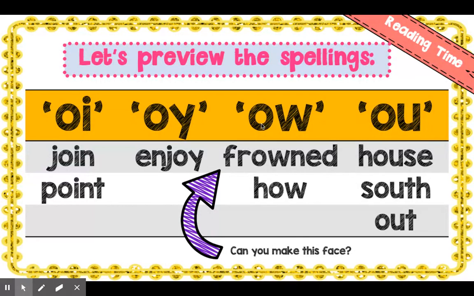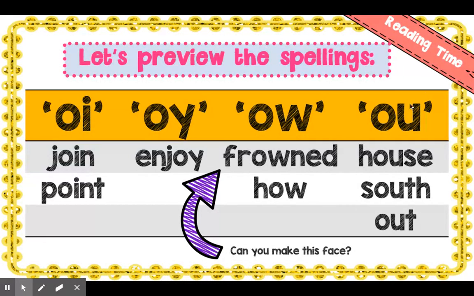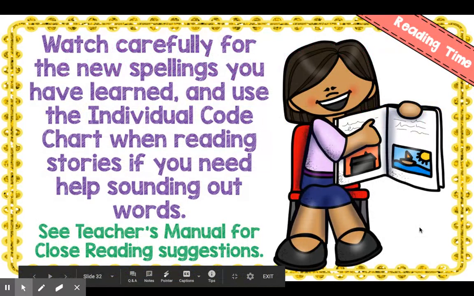And there's that O-W that says ow, like in the word frowned, which means to not smile, to look sad, and how. Can you all make that frown face? Everybody looks sad for a moment. Or the O-U also says ow, like in house, south, and out.